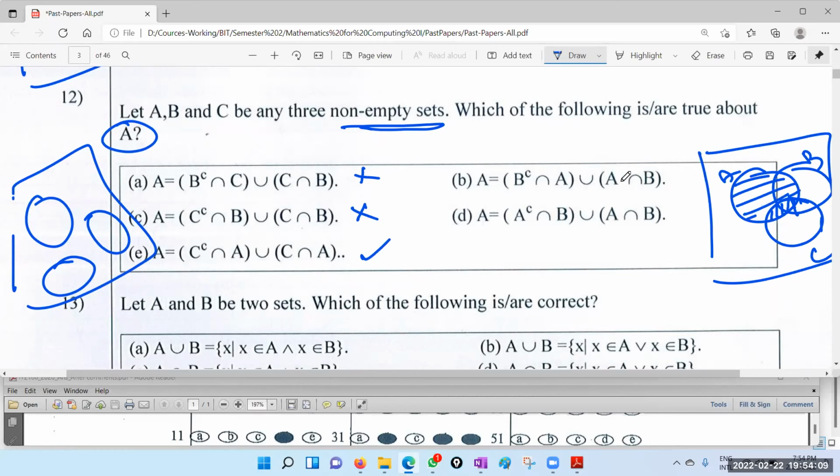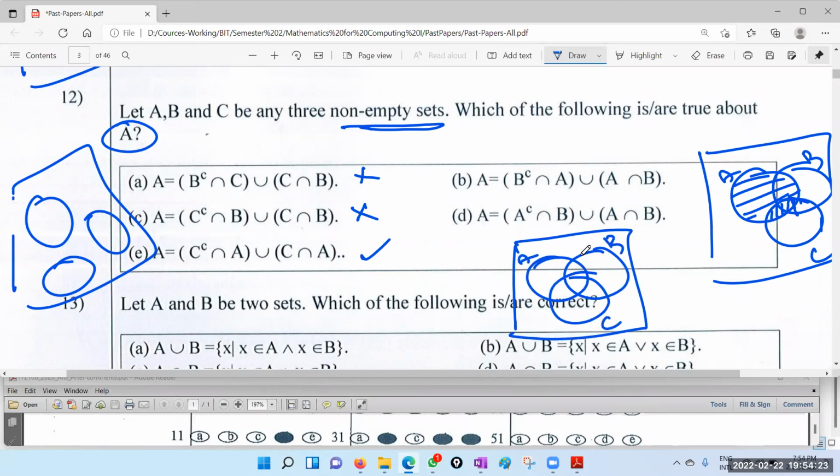What about this? A intersection B is B part. Okay, let's draw it again. A, B, C. A intersection B is this part.